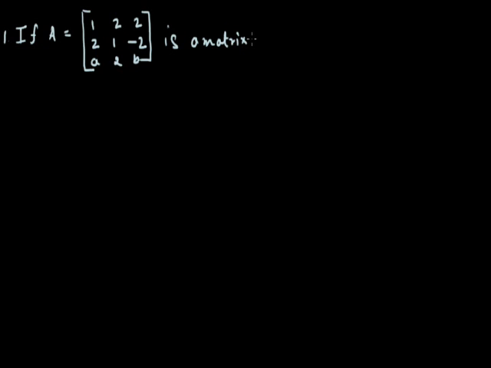If capital A equals the matrix [1, 2, 2; 2, 1, -2; a, 2, b] is a matrix satisfying A into A transpose equal to 9I3, then find the value of a and b.